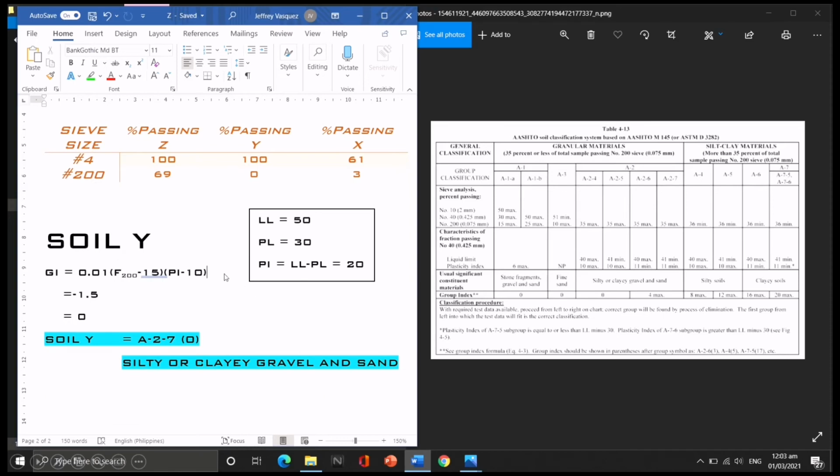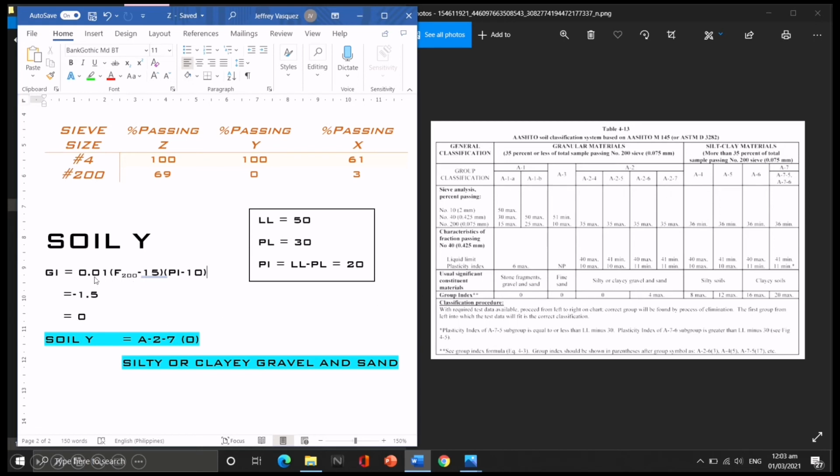Soil Y naman tayo, based dito sa 0 na passing percent niya sa 200, you can choose from either A1, A2, or A3. Then sa characteristics na sa liquid limit naman, which is 50, meron na lang tayong A2-5 at A2-7. Then sa plastic index na 20 naman, dito na lang tayo sa A2-7.